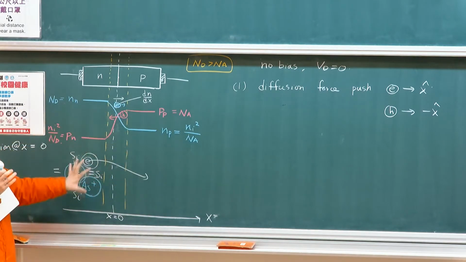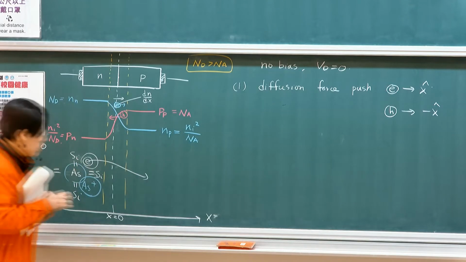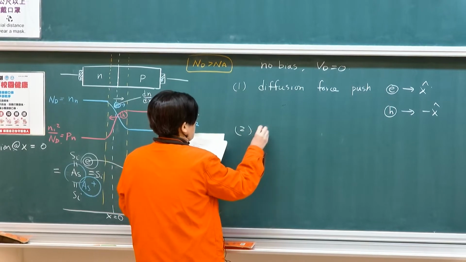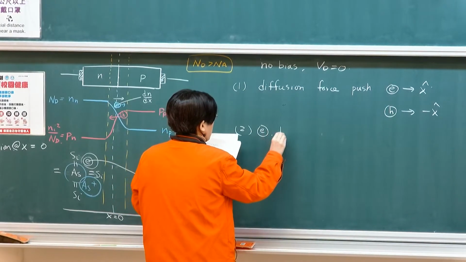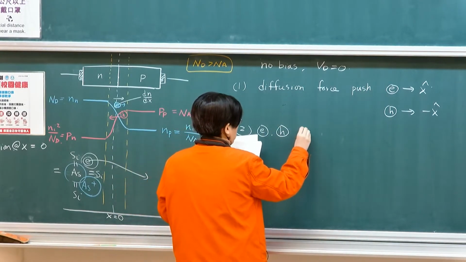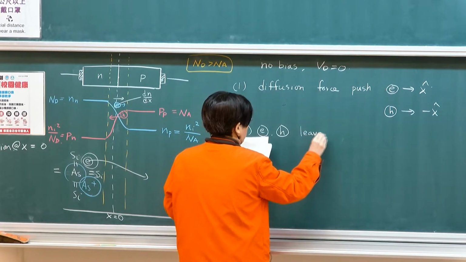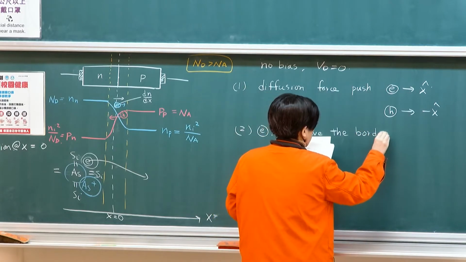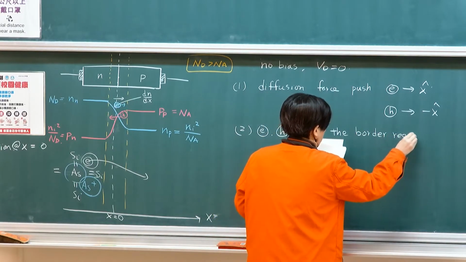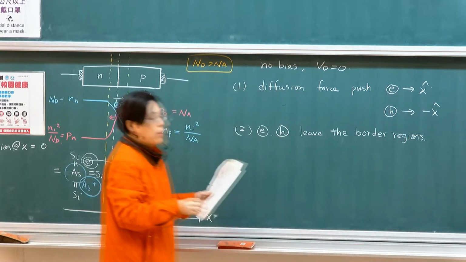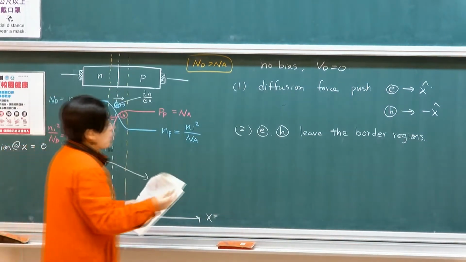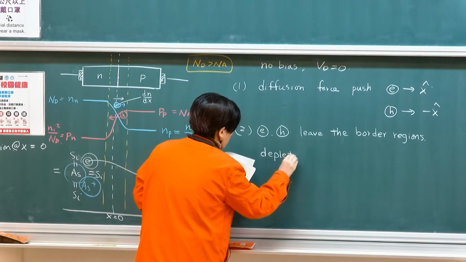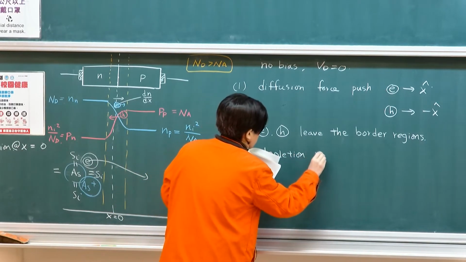What happens is that there will be no electron within this region. So once electrons and holes leave the borders, it will leave something called the depletion region.